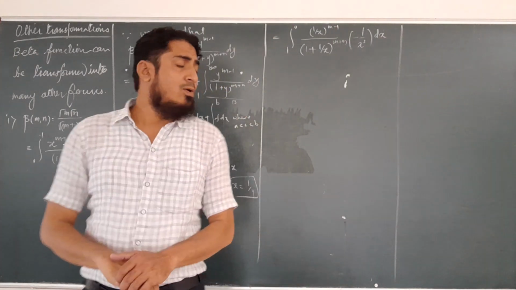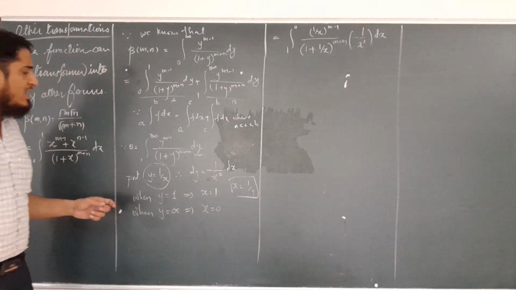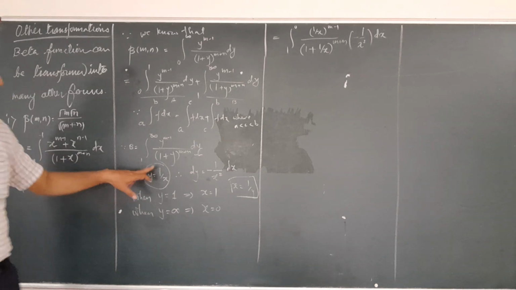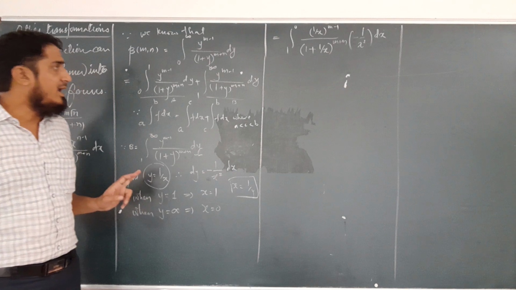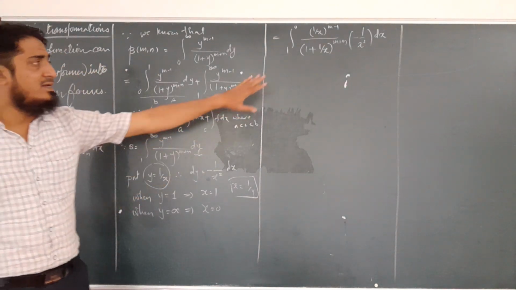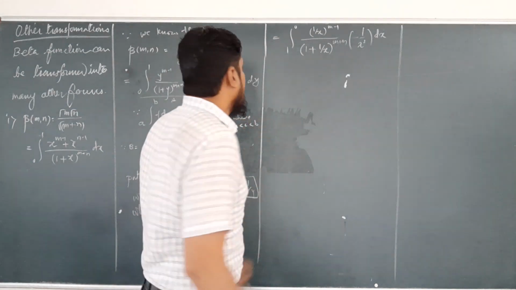Correct? Now we have substituted the value of y as 1 upon x, the value of dy and 1 plus y in this step.